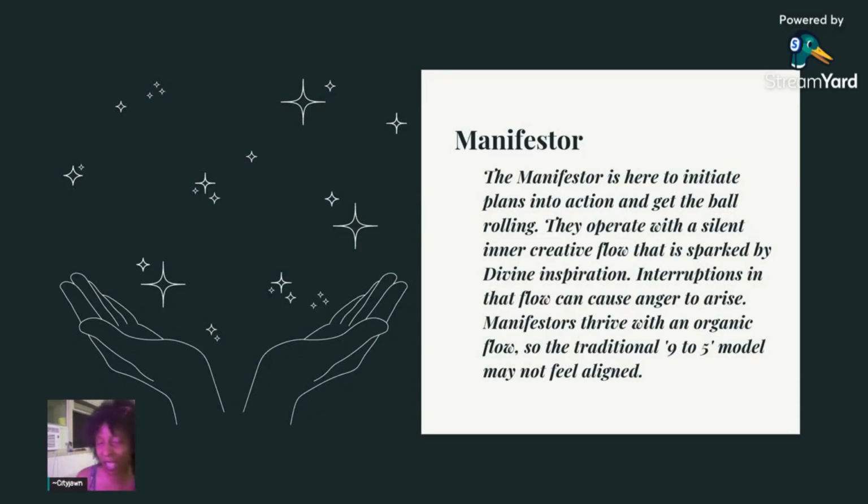If they're interrupted in that flow in any way, it could cause anger to come up. And so manifestors, because they have the energy of initiation, and it's a very powerful energy, it's important for them to inform those around them who may be impacted by their actions what they're going to be getting into, not to ask permission, but so that the people around them are aware, so that when things come up, they're not caught off guard.